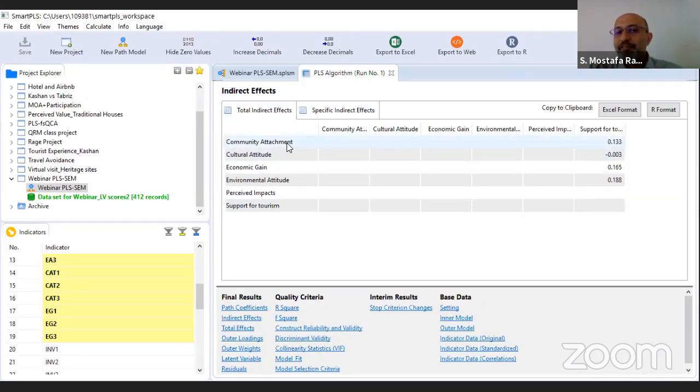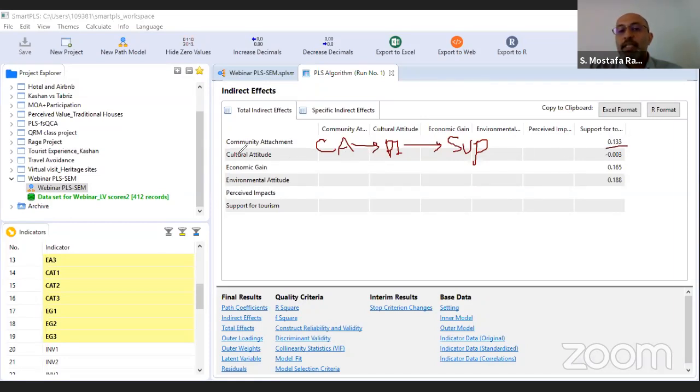So here you can see the effect of community attachment. The first one is community attachment, perceived impact, on support. So the first one is this indirect effect, and this indirect effect is 0.133.